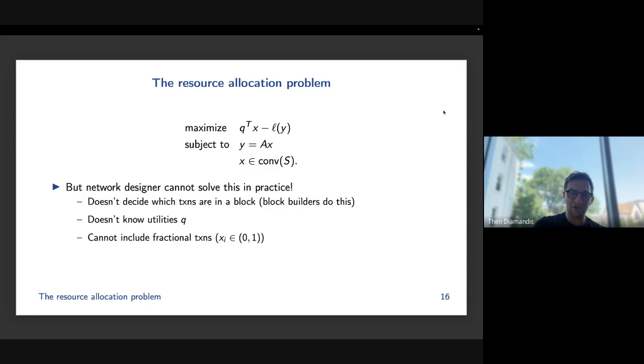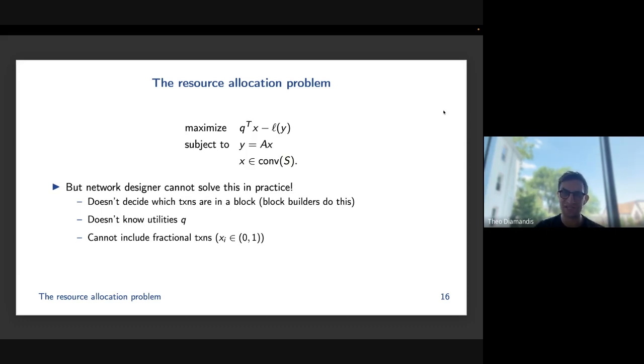As I mentioned earlier, the network designer, of course, cannot solve this in practice to build blocks for a whole number of reasons. First, as the network designer, we don't decide which transactions are actually included in the block. We have no way to necessarily know the utilities of the transaction producers, and we also have no way to include fractional transactions.